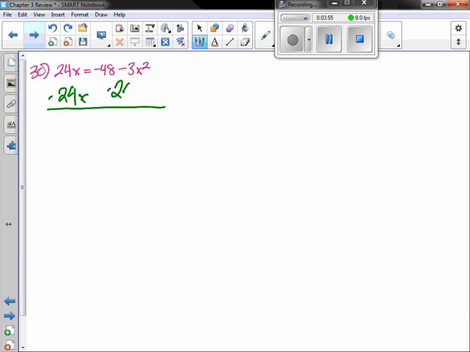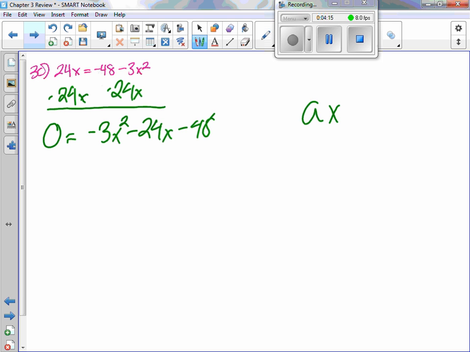I'm going to subtract 24x from both sides. So we'll get 0 equals negative 3x squared minus 24x minus 48. Now I rewrote it so that I have x squared, then x, and then our constant term. So we have it in the form that we're used to seeing, ax squared plus bx plus c. It kind of matches up to this form here.